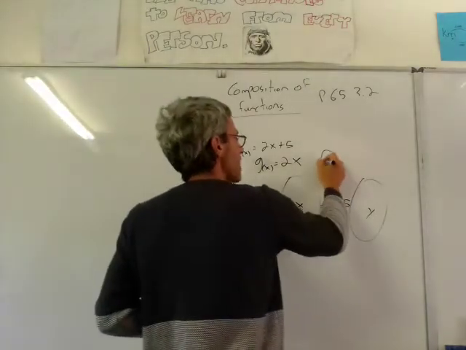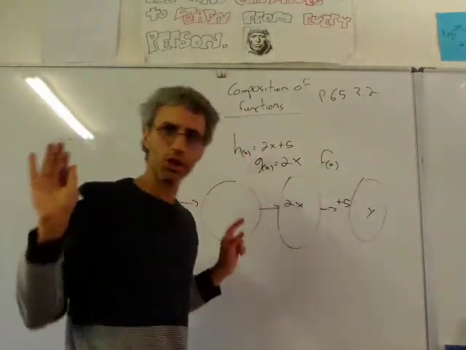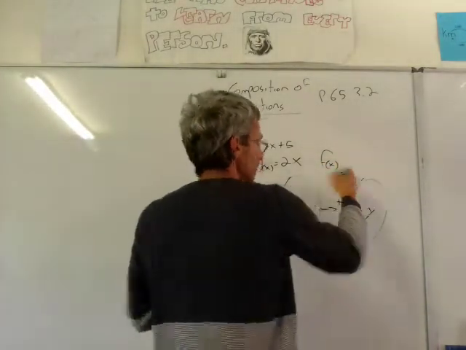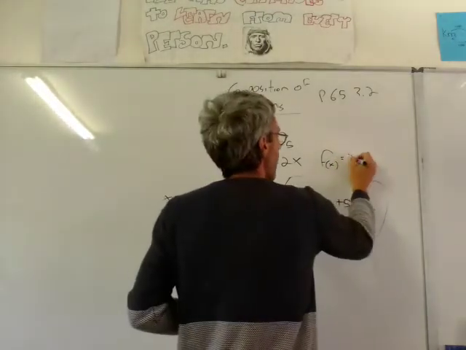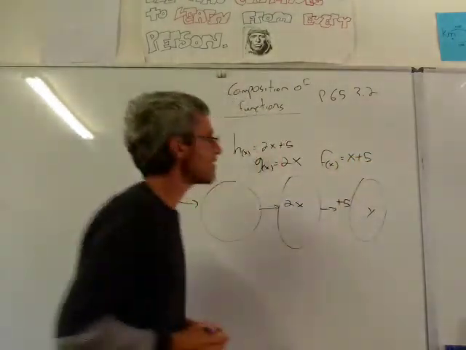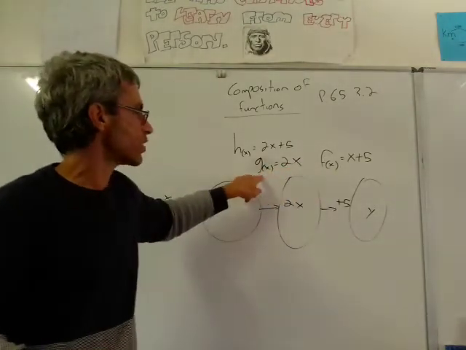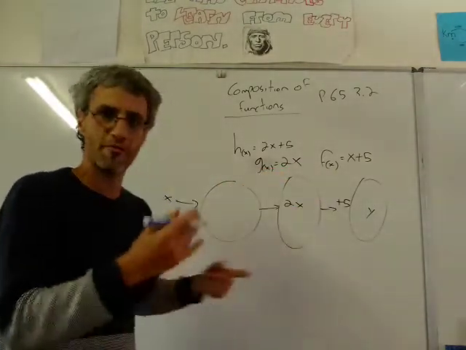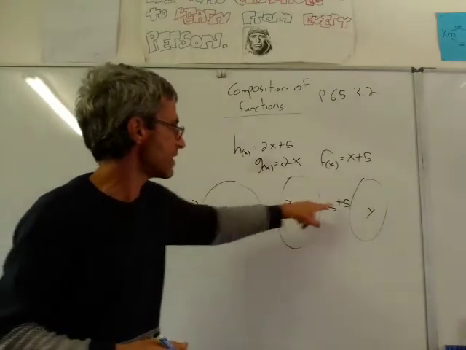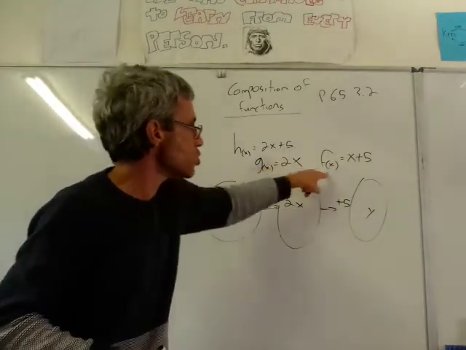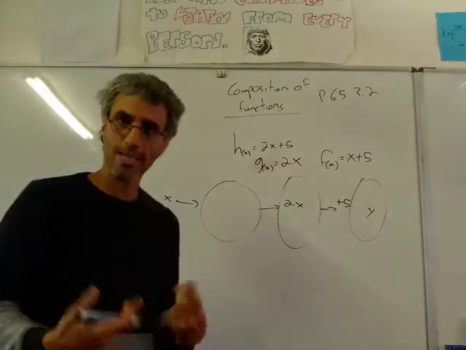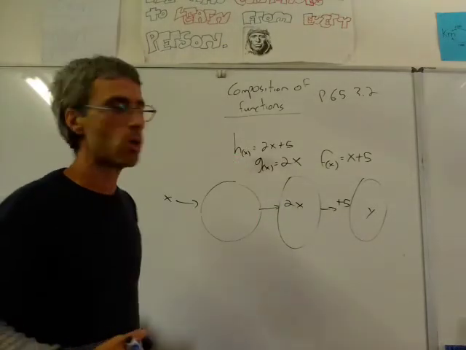And then I'm going to make another function, f of x, which will be, give me an x and add 5. Now, how would I use these two functions, because these are the two different things that I did, I doubled it and I added 5, and write them in a mathematical way that will be equivalent to that?